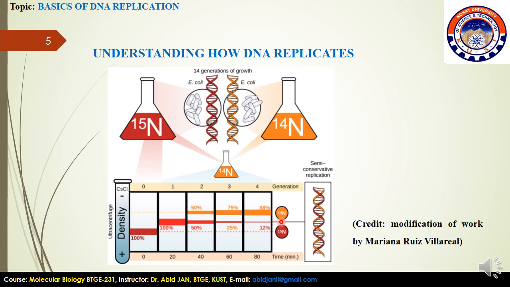In subsequent cell divisions, an increasing amount of DNA contains 14N only. These data support that the semi-conservative replication model is more promising.